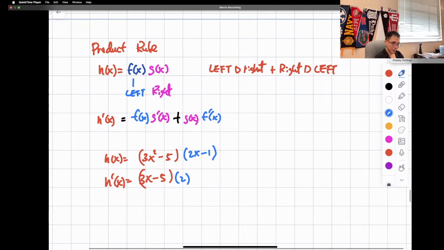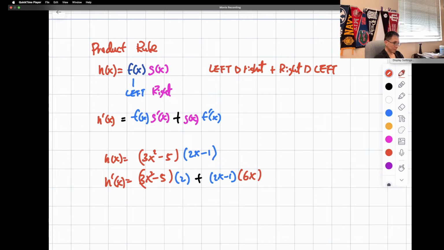It's a 3x squared. It was 3x squared. Okay, so sorry. So that's 3x squared minus 5 times 2. And then I'm going to add 2x minus 1, and take a derivative of 3x squared minus 5, which is 6x.